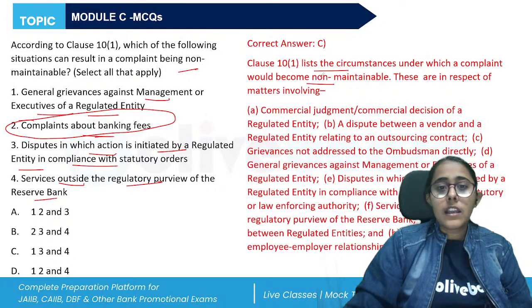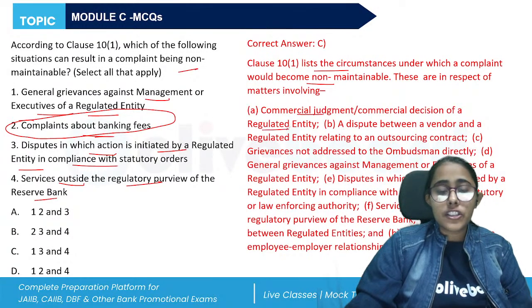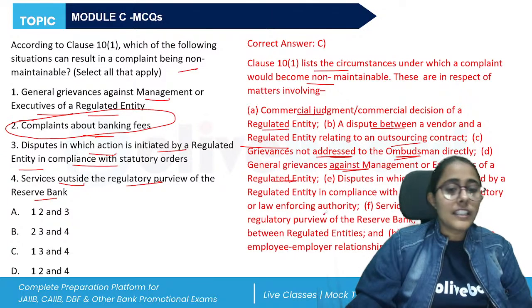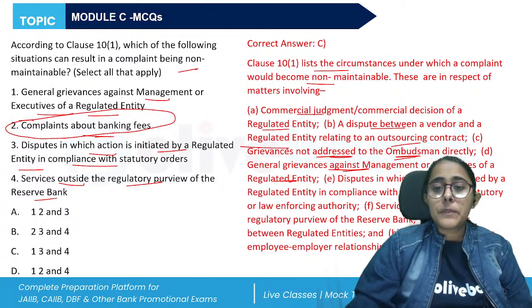The matters are commercial judgment or commercial decision of a regulated entity, a dispute between a vendor and a regulated entity regarding the outsourcing contract, grievances that are not addressed to the ombudsman directly, general grievances against management or executives of a regulated entity, disputes in which the action is initiated by a regulated entity in compliance with the orders of a statutory law, services not within the regulatory purview of the Reserve Bank, disputes between regulated entities, or disputes involving the employer-employee relationship.